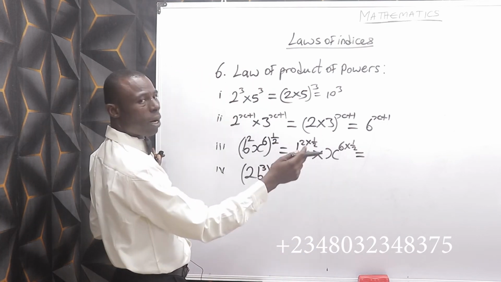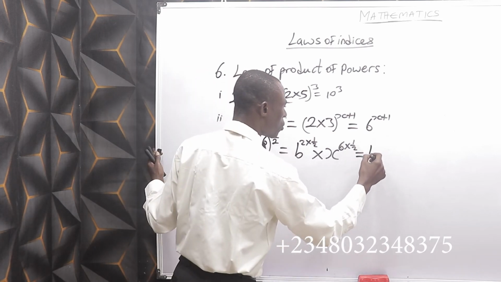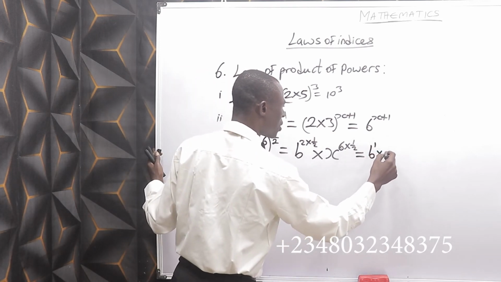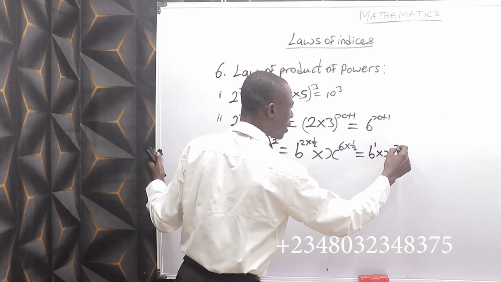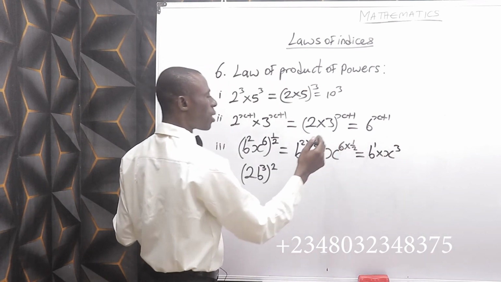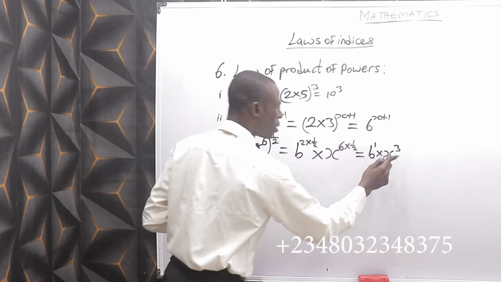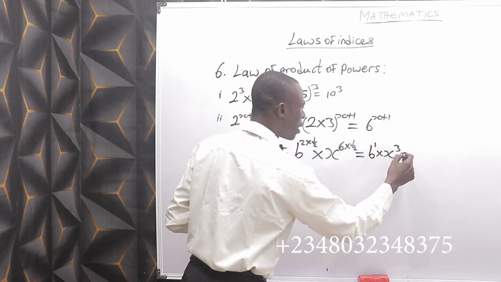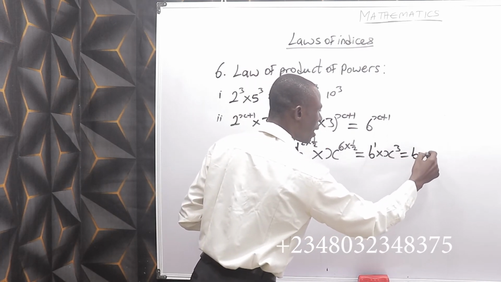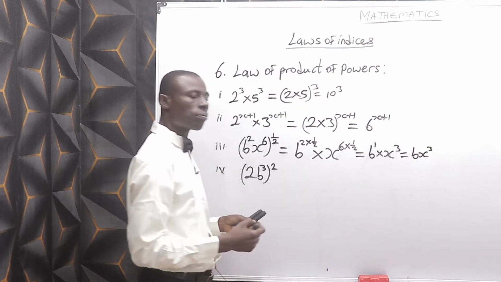We have b raised to the power 1 times x raised to the power 3. 2 in 6 gives 3. So this is x raised to the power 3.